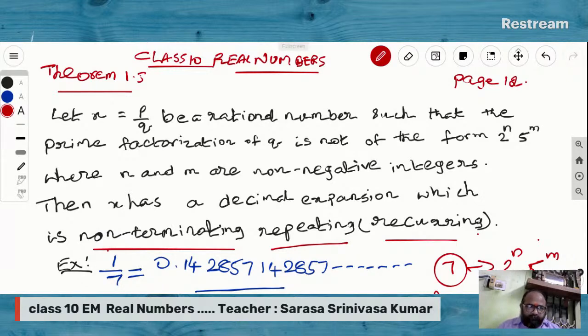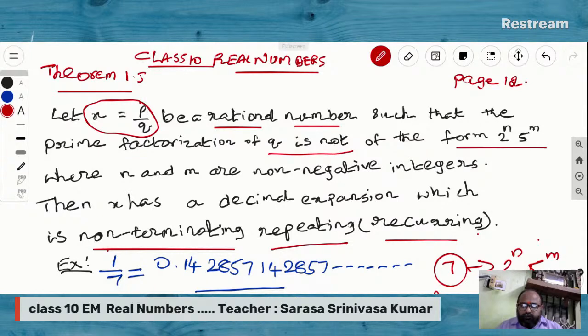If x is a rational number in the form of p by q, and q is not of the form 2 power n 5 power m, then we get a decimal expansion which is non-terminating, repeating or recurring decimal.